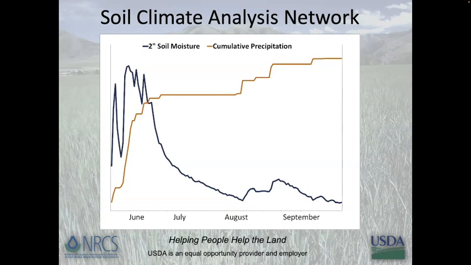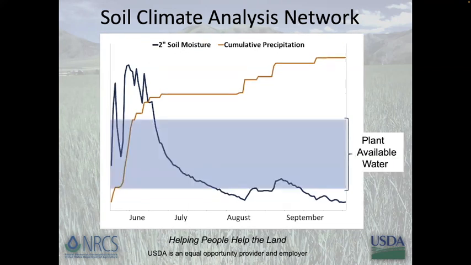So for instance, we return to our time series of accumulated precip over the growing season, and you can see the spikes in precipitation. So the rain hitting the tipping bucket. You can see the wetting front hitting that 2-inch sensor. You can see it moving down through the profile.